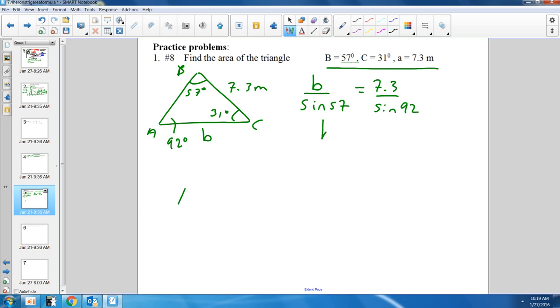You should end up with B is approximately equal to 6.126.